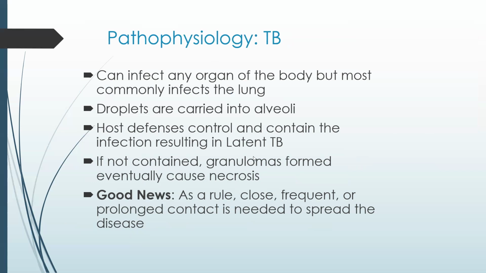That means that signs and symptoms don't always show up right away. If not contained, granulomas form, eventually causing necrosis. So back in the day when people didn't get treated, they could die from tuberculosis as the disease progressed. But good news, as a rule, close, frequent, or prolonged contact is needed to spread the disease, so it's not super easy to catch.